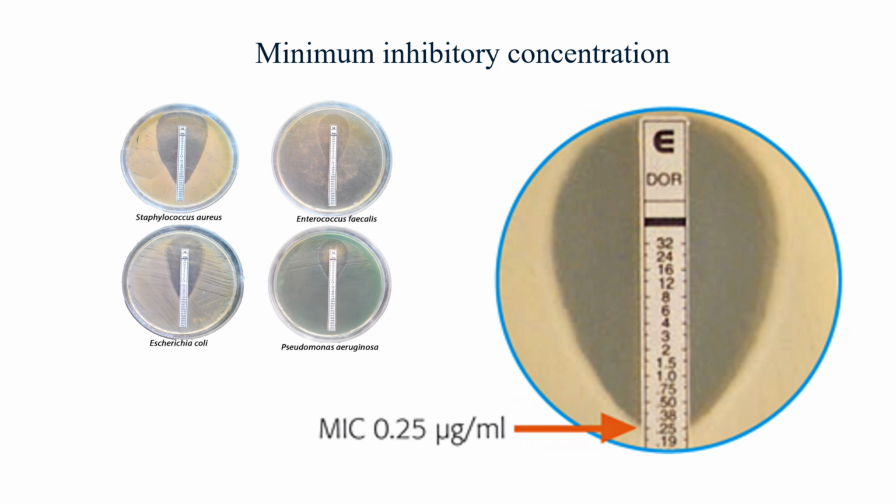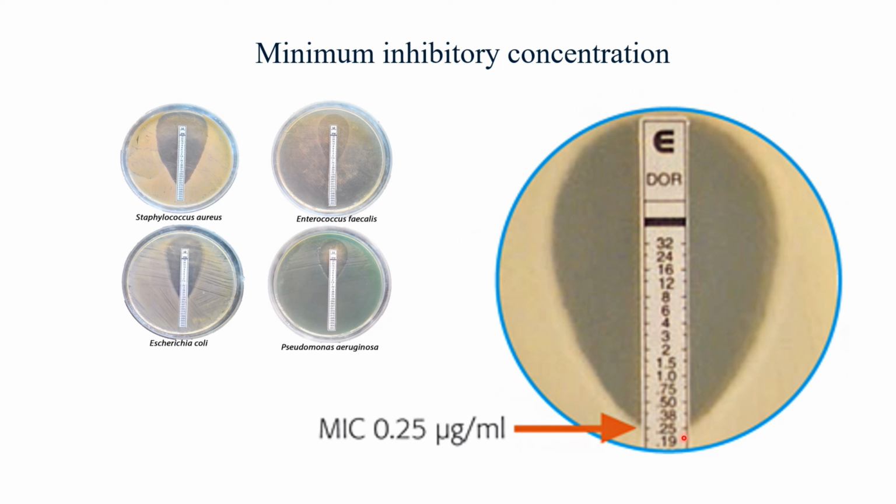Because, as we already said, this is a plastic strip coated with different concentrations of antibiotic. Here you can see the antibiotic concentration is increasing from this side to this side: 0.25, 0.38, 0.75, 1, 2, 3, like that, the concentration gradient is increasing.